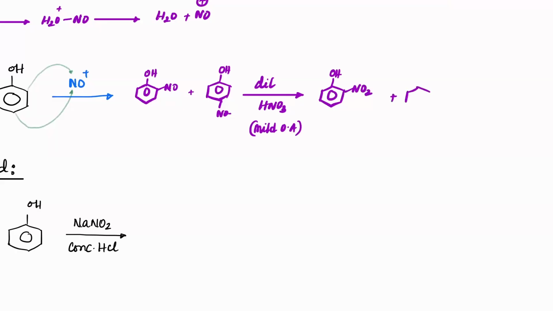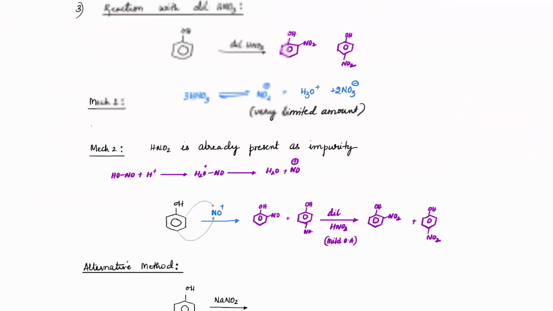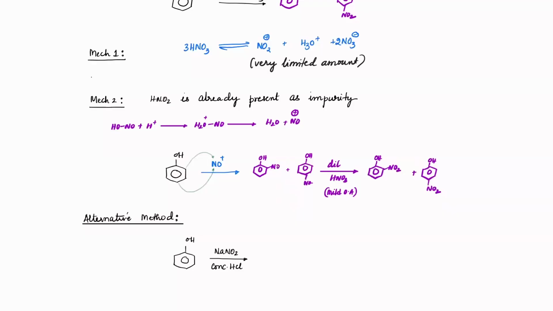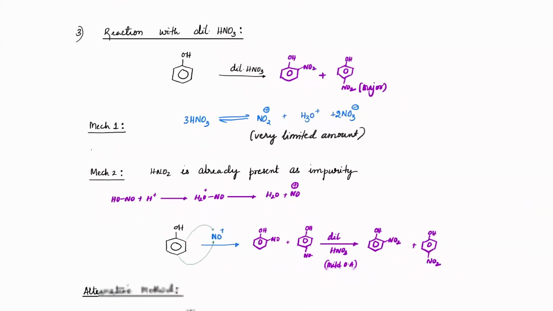Same thing at the para position, which is NO2. So this is how the reaction works if you want to get ortho and para, and as I said, the para is the major product in this case. This is the first set of mechanism.